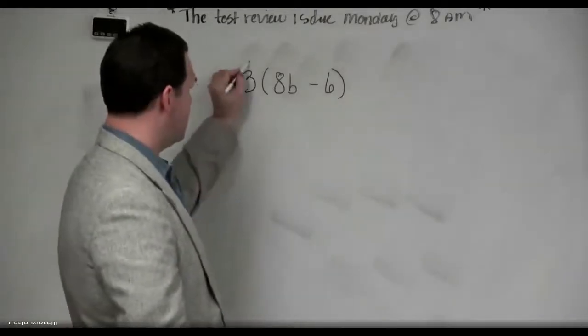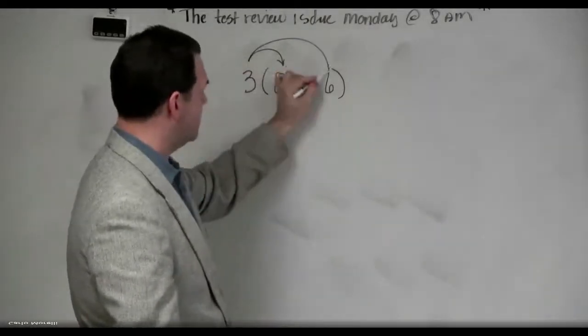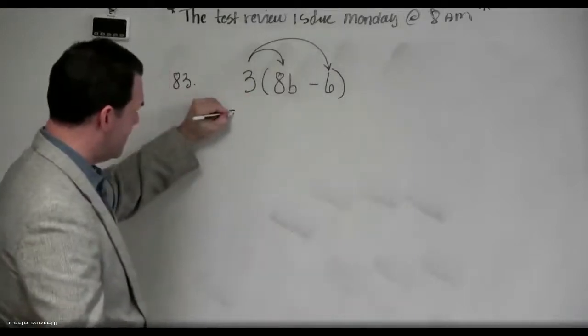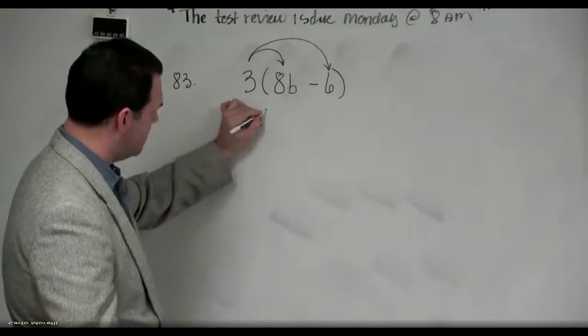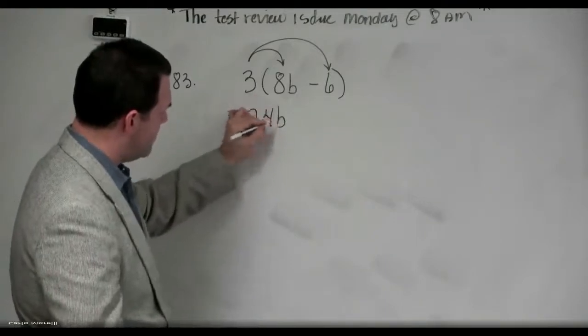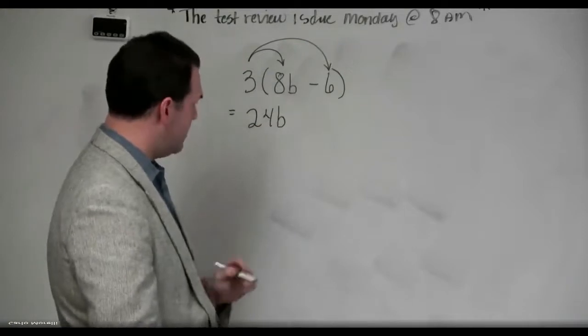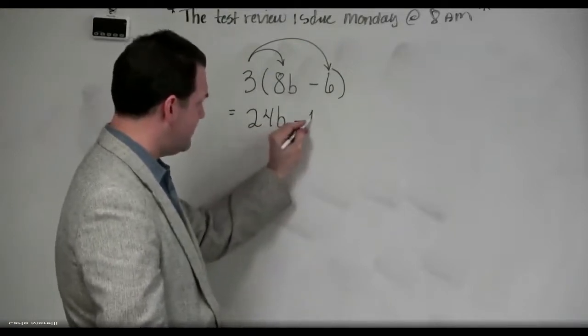Okay. I'm going to distribute the 3. 3 times 8b, what's that? 24b, good job. And now what is 3 times negative 6? So minus 18.